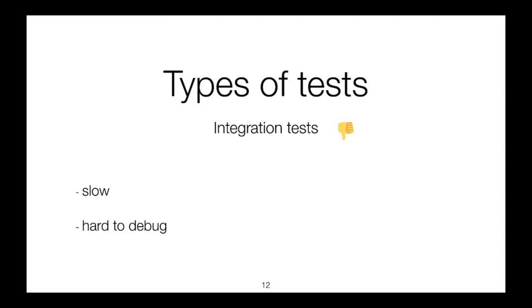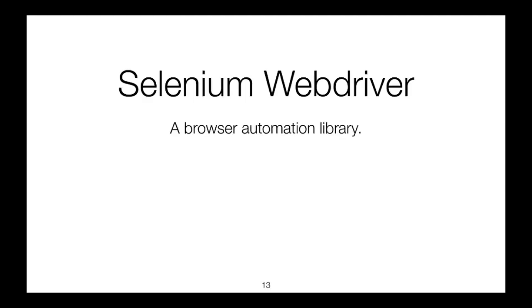And the mainstream tool people use for such tests is called Selenium WebDriver, which is a browser automation library. It works, roughly speaking, by running your test code and your server side in the test process, and then starting a browser separately that runs the browser side of your application.